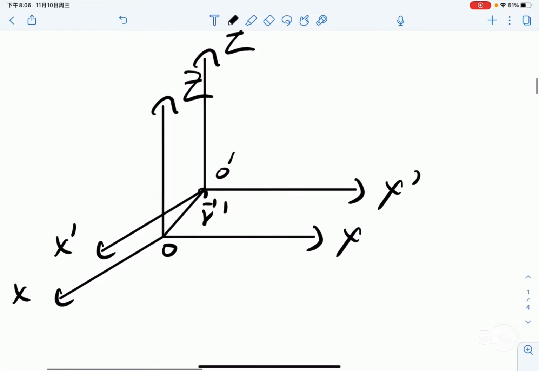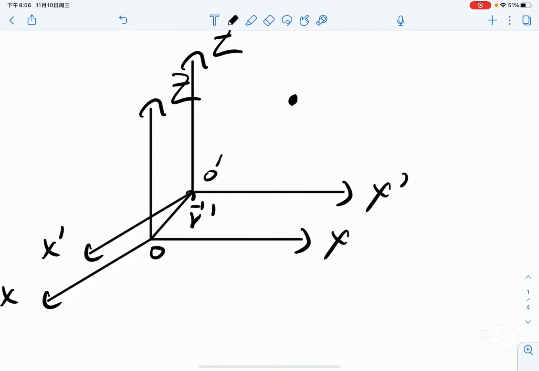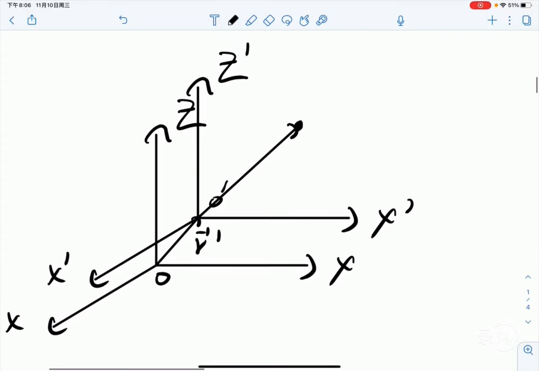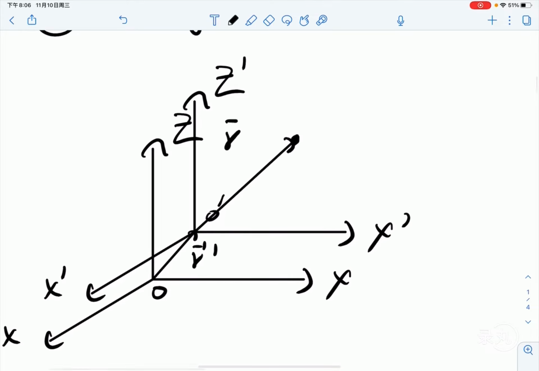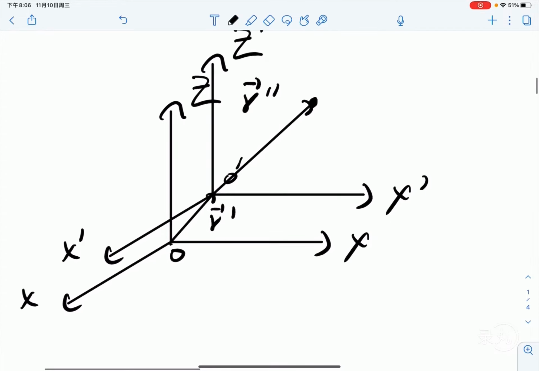And if we describe a point using the new coordinate system, this is basically going to be equal to r2. Just treat it as r2. So in the original system, we can see this can be represented as r.